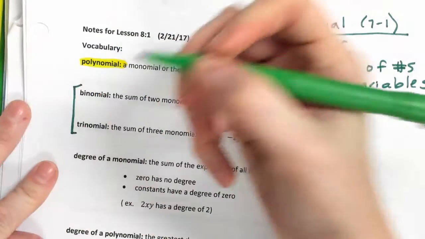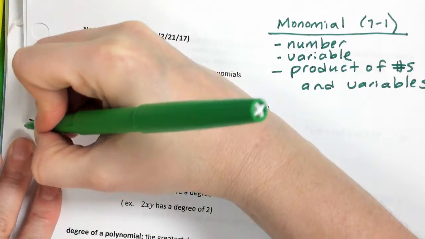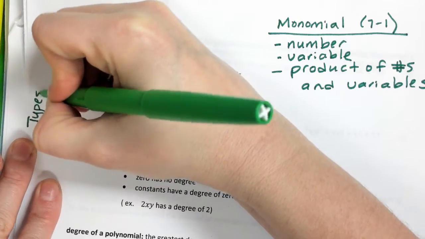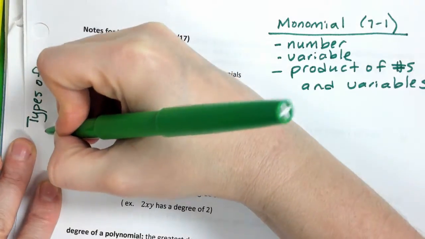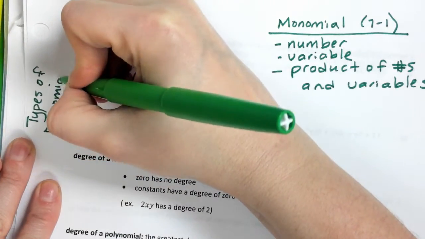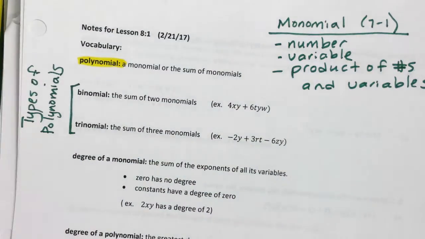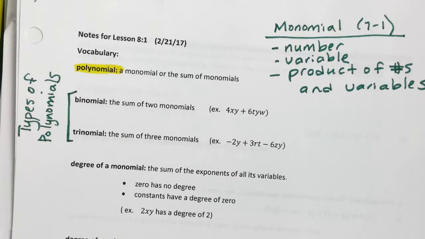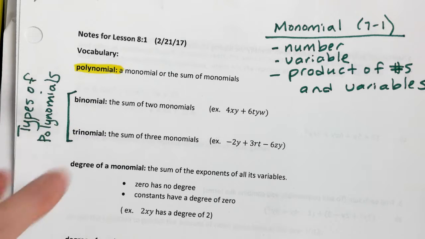These two terms are types of polynomials, more specific types.